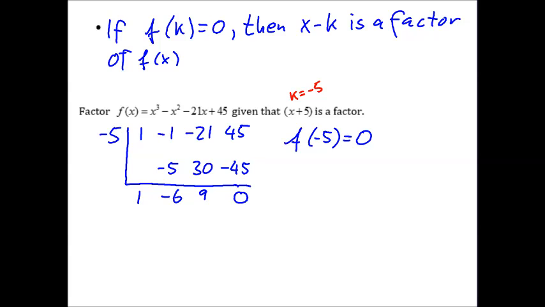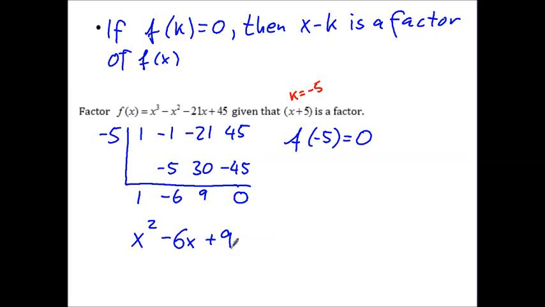We divided a polynomial starting with x cubed by a binomial with the linear x. So our result starts with an x squared: 1x squared minus 6x plus 9, and there's no remainder.